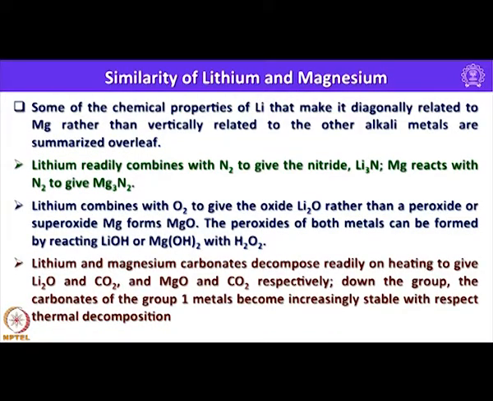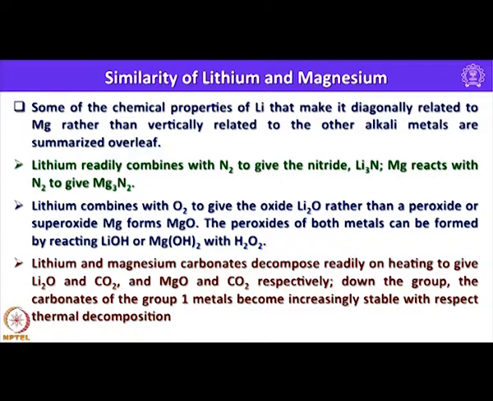And now let us look into the similarity between lithium and magnesium. Similar to beryllium and aluminum, we have similarities between lithium and magnesium. That means some of the chemical properties of lithium that make it diagonally related to magnesium rather than vertically related to other alkali metals, I am summarizing now. The lithium readily combines with nitrogen to give nitride, that is Li3N. Similarly, magnesium reacts with nitrogen to form magnesium nitride, Mg3N2. And lithium combines with oxygen to give oxide Li2O rather than a peroxide or a superoxide.